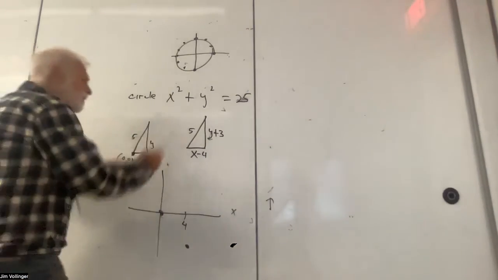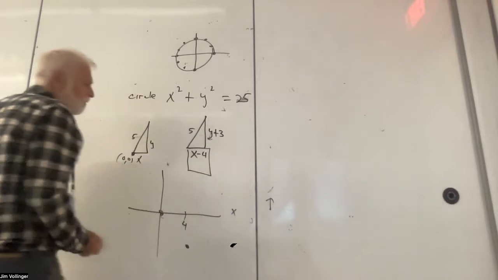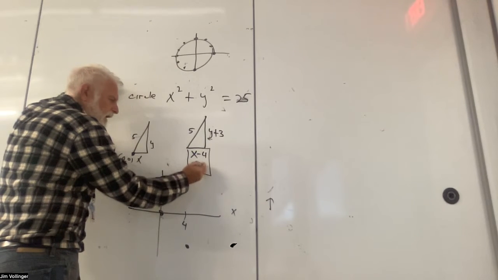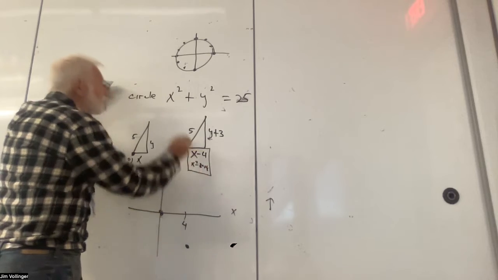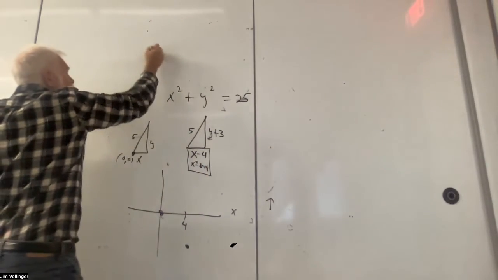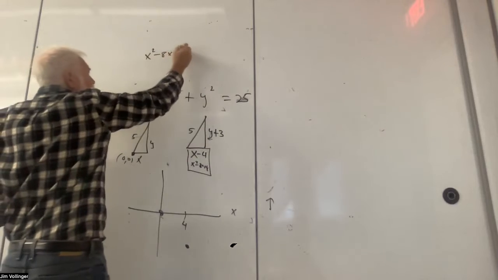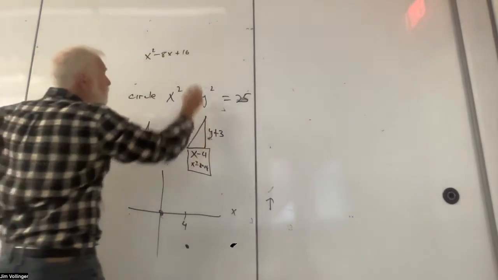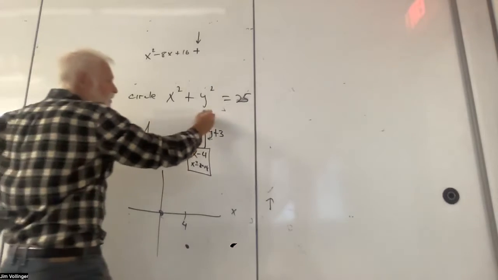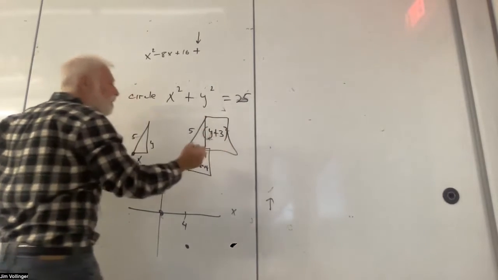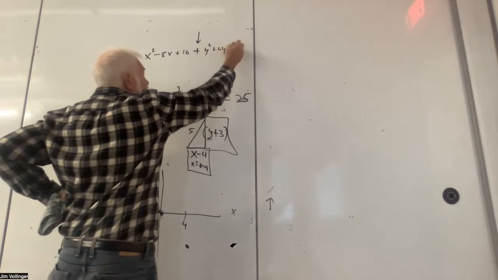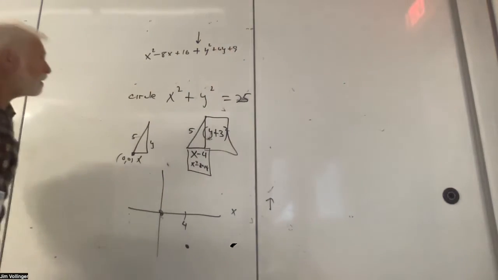Now, where would something like this come from? Well, it would come from x squared minus 8x plus 16. So let's write that up here. X squared minus 8x plus 16. And it would come from a Pythagorean relationship. This area here is that squared, and that squared is y squared plus 6y plus 9. I'm doing nothing new here.